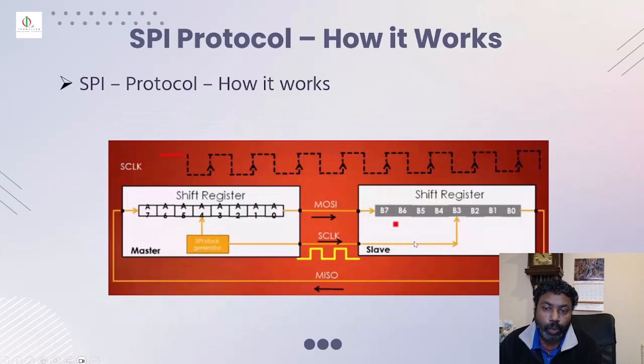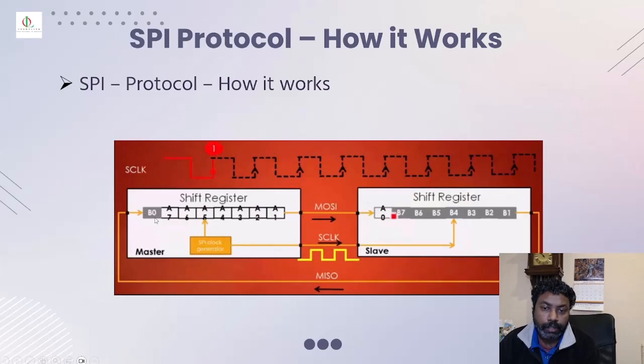And this is one good explanation. First, you are generating the serial clock, then the shift register starts its conversion. In the first conversion, you're going to send this B0 to here. So you already shifted the A0 to here.